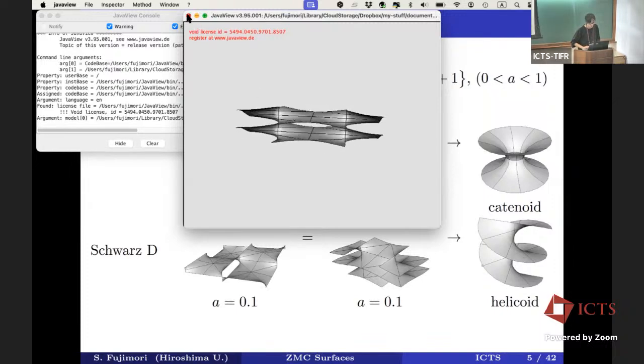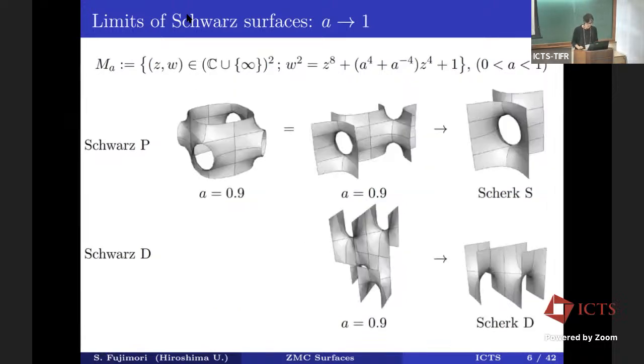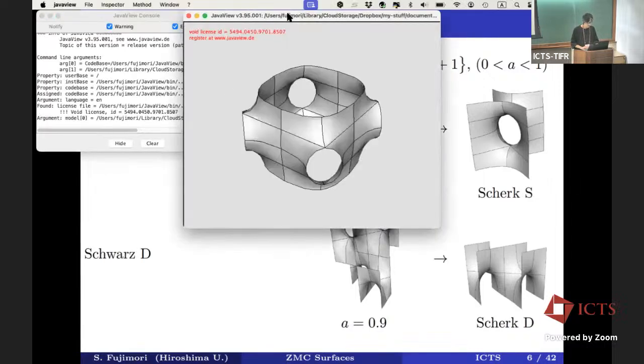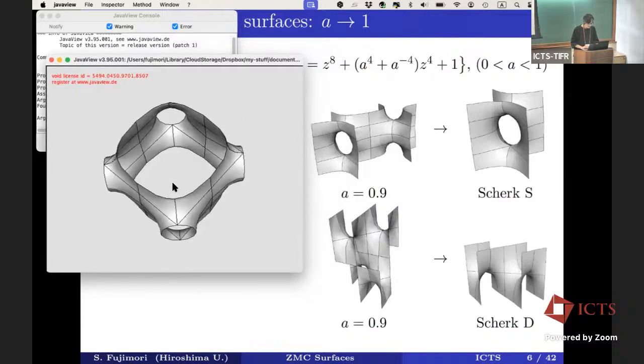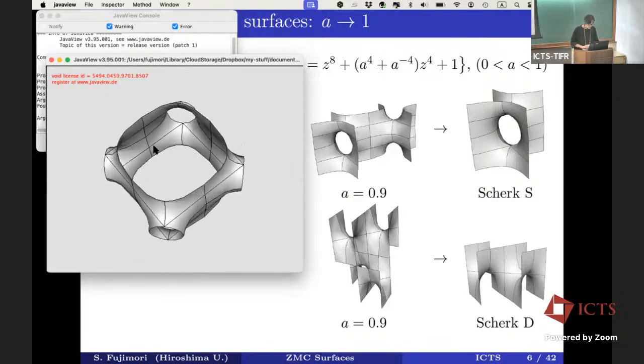Okay, so this is one example. And now this is a limit for A tends to 0. On the other hand, for the other limit, when A goes to 1, this surface is now 0.9. This part corresponds to this part, and this part we can translate to here, then it becomes this part.